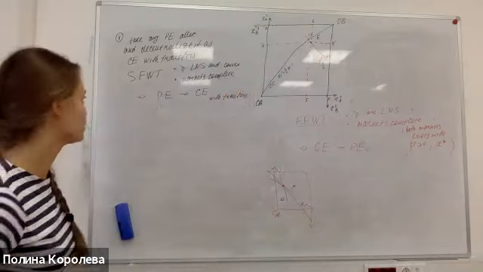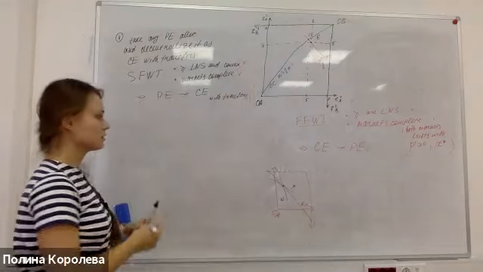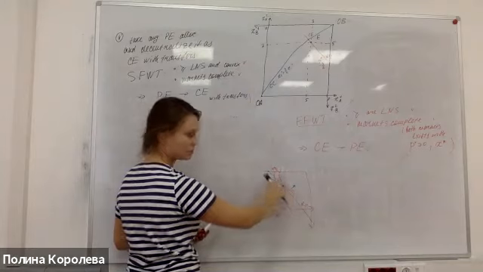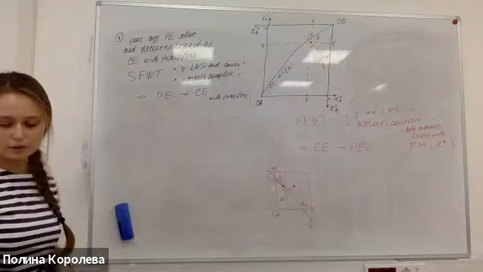Our preferences are locally non-satiated and convex. That's true, and markets are complete. Convex means that the indifference curves have the standard shape. Okay.